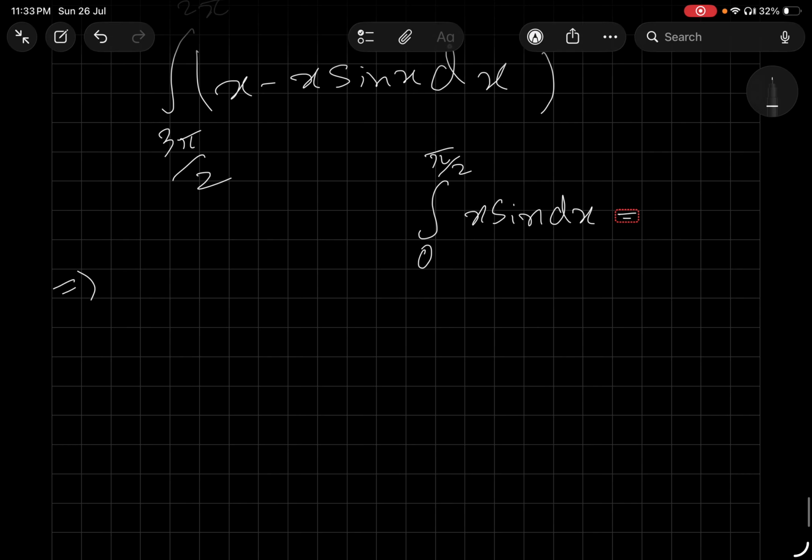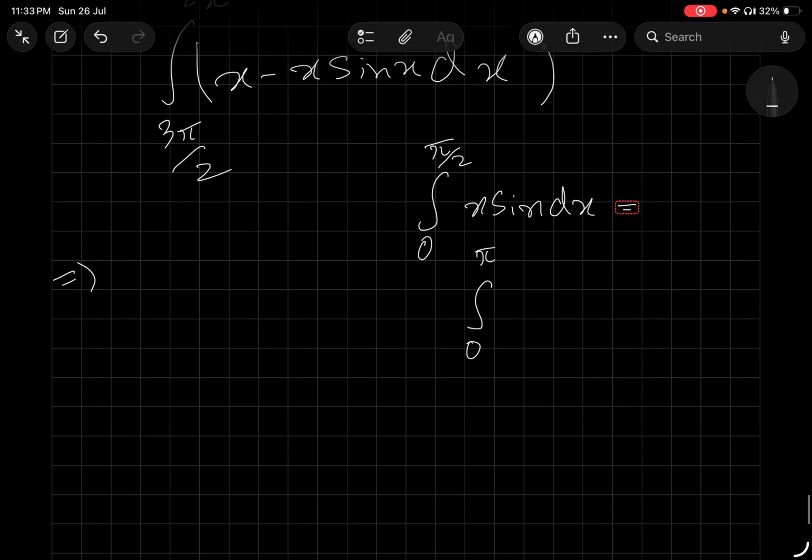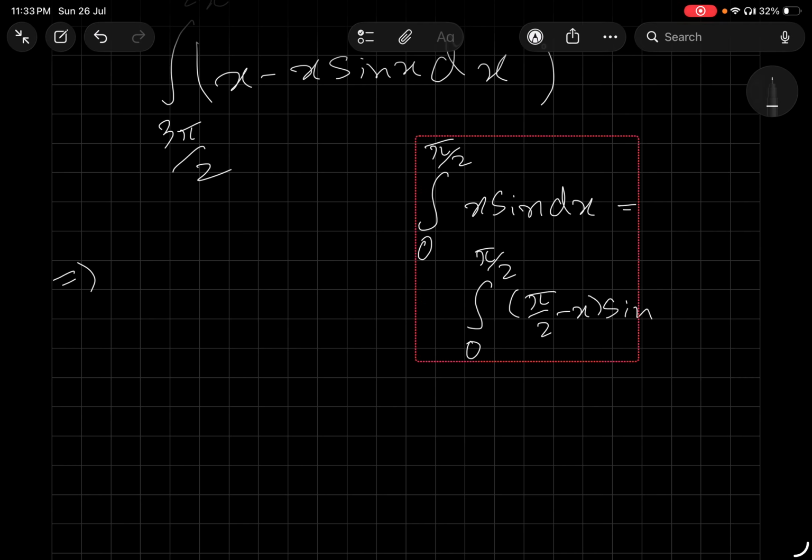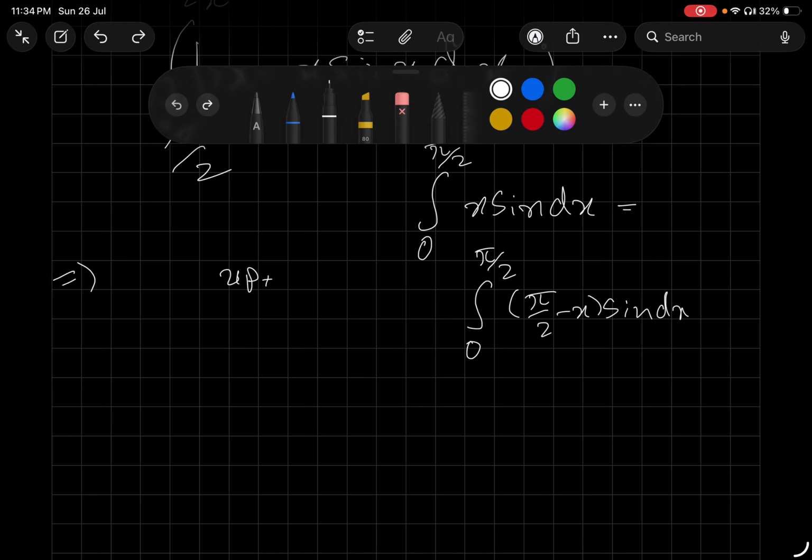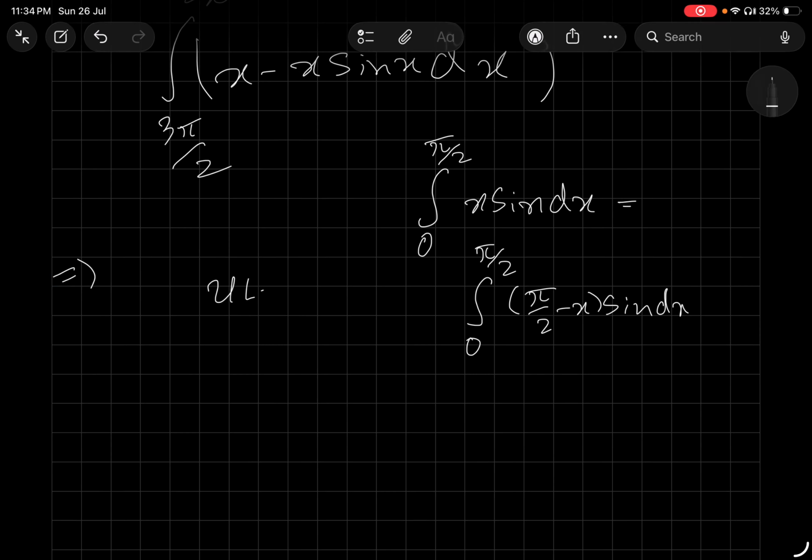If we use the property, integration from 0 to pi by 2, we use pi by 2 minus x in place of x, adding the upper limit plus the lower limit.